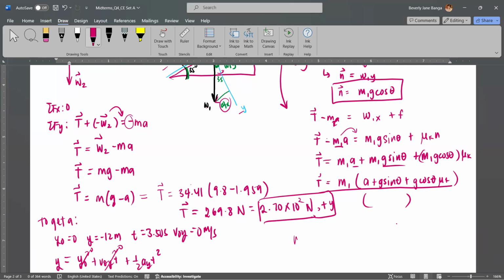So, I have M1 is equal to tension, ano nakuha natin tension? 270, di ba?